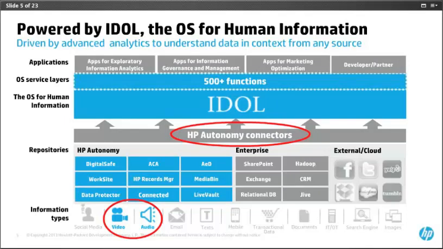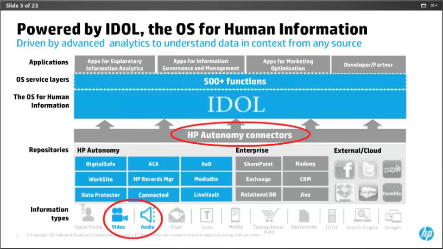In this slide, we'll see that the infrastructure for IDOL is multi-layered. Everything from multiple sources of information that exist in the enterprise and publicly can be exposed through a variety of solutions that are HP Autonomy products, enterprise products, as well as the cloud-based solutions that we can offer to our clients.